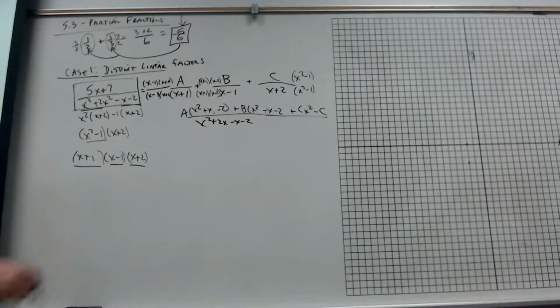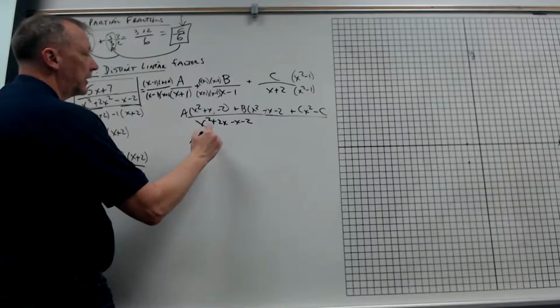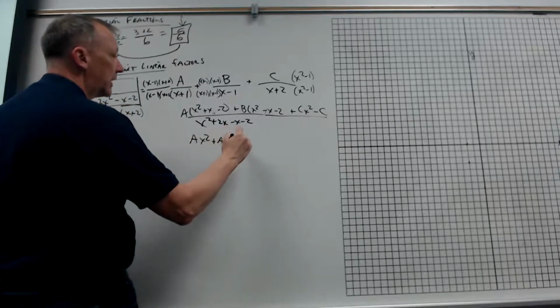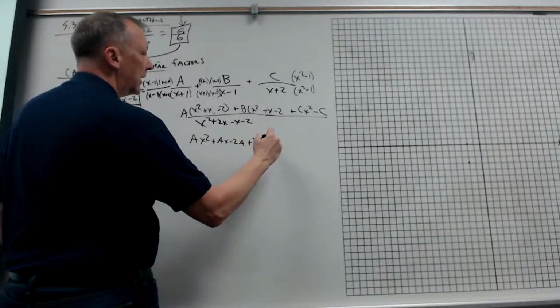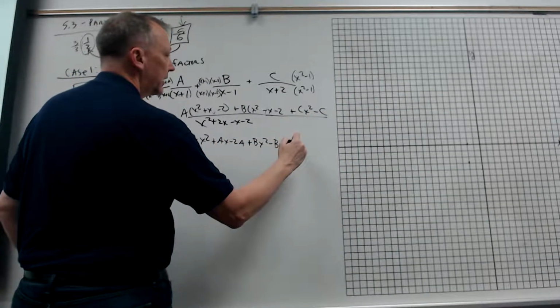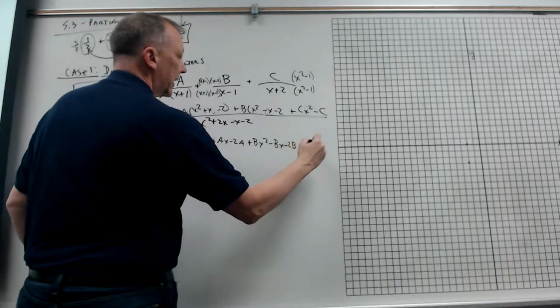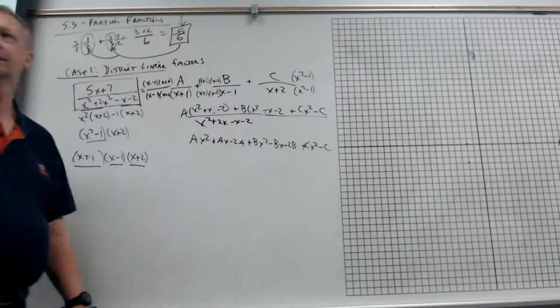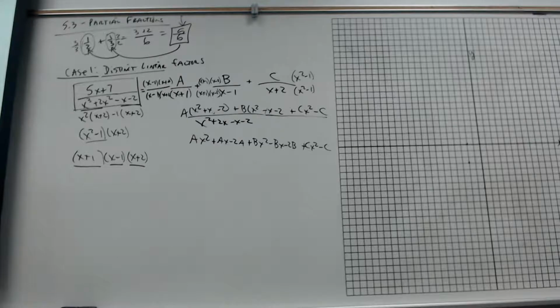Now, this becomes Ax squared plus Ax minus 2A plus Bx squared minus Bx minus 2B plus Cx squared minus C.